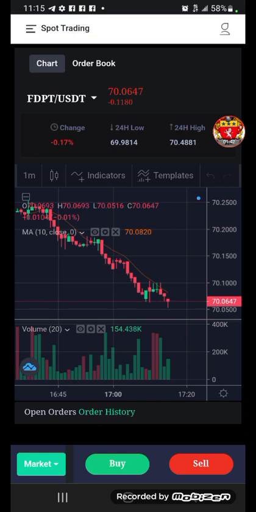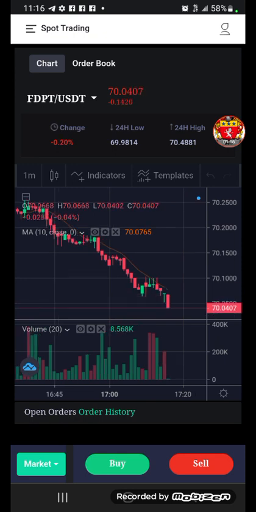But for spot trading, you're just clicking a couple of buttons, and it's hitting 70.03.